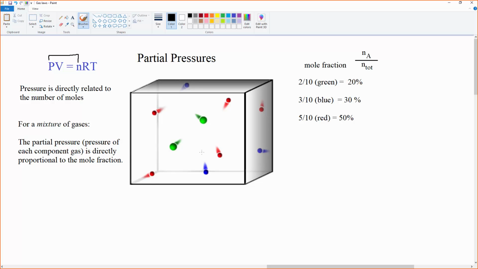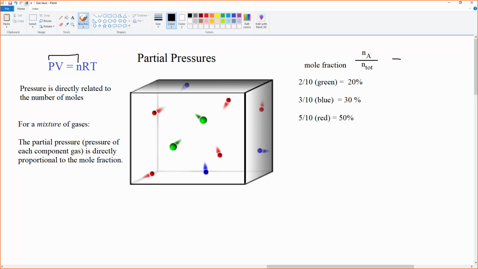Okay, so Sarah asks, what if I wasn't given a picture like this? You're probably not going to be given a picture like this. This is just to kind of simplify it. If you're not given a picture like this, I would have to tell you the number of moles, so that you could calculate the mole fraction.